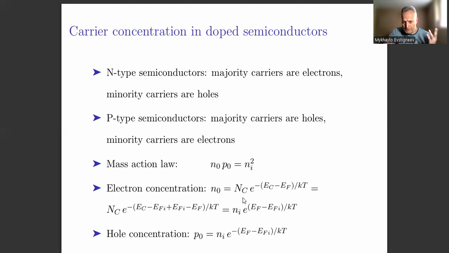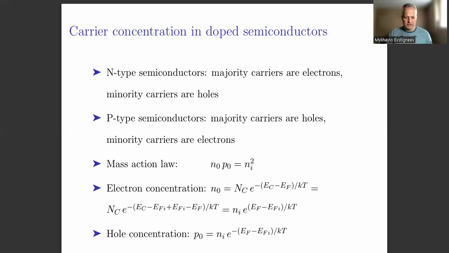And by performing the same operation for hole concentration, P naught is Nv exponential to the power Ev minus E Fermi over kT, equals Nv exponential to the power Ev minus E Fermi intrinsic plus E Fermi intrinsic minus E Fermi over kT, and then P naught equals N intrinsic exponential to the power negative E Fermi minus E Fermi intrinsic over kT.